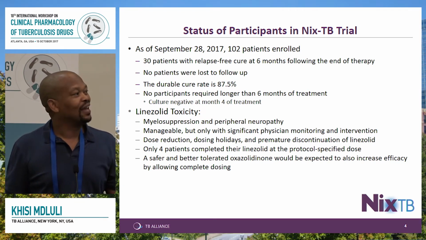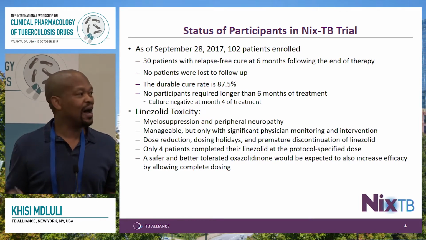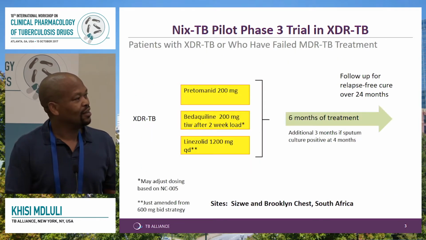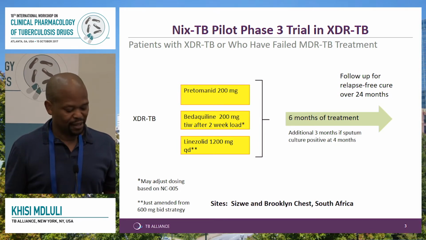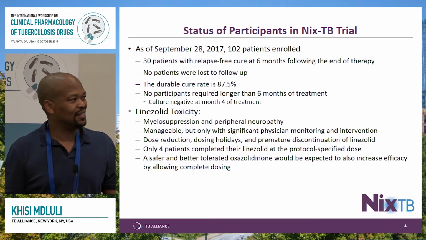Unfortunately, though, and this is what brings us to the talk today, I'm going to show you why, in this regimen of pretomanid, bedaquiline, and linezolid, we thought we had to replace linezolid and why we had to replace bedaquiline. Linezolid, unfortunately, has toxicities that you all know. It causes myelosuppression and peripheral neuropathy in patients.